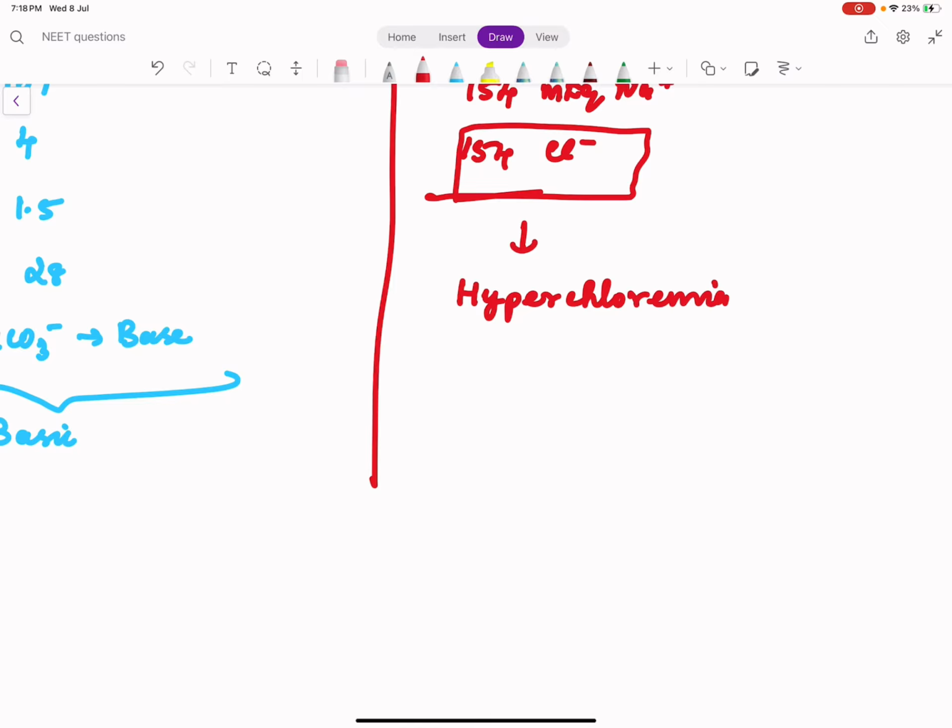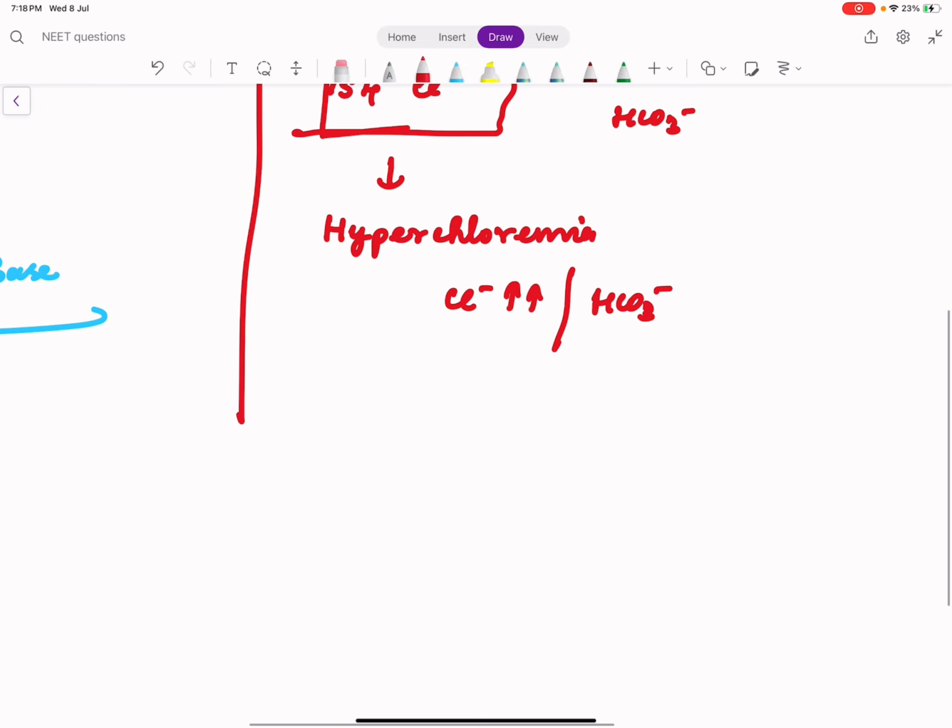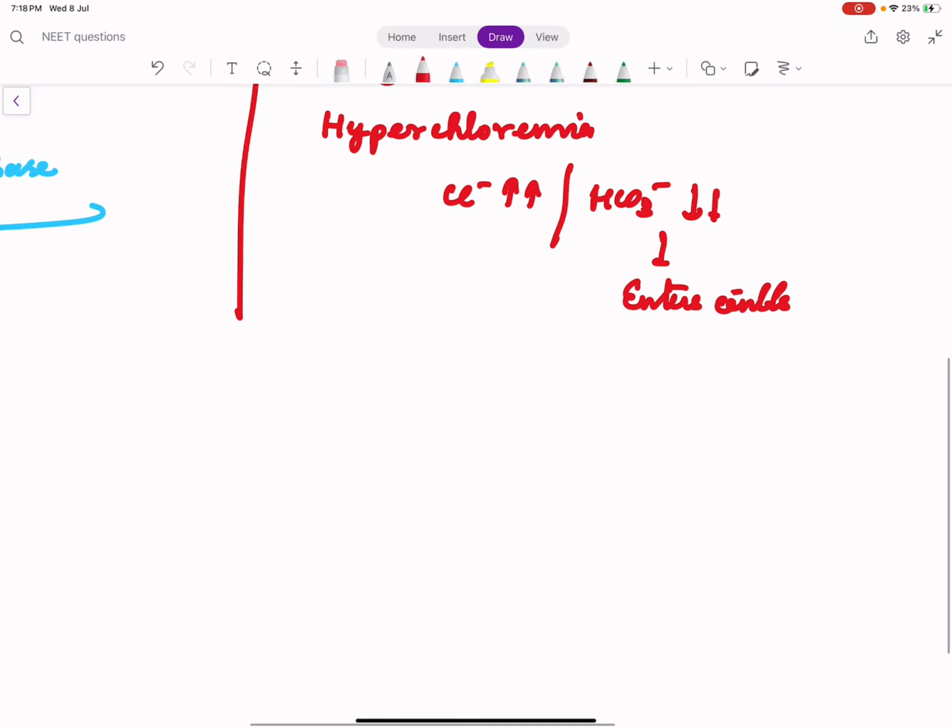Chloride and bicarbonate both are anions. So when one anion like chloride increases in the body, obviously the body will try to balance the electrolytes by reducing bicarbonate. So what does bicarbonate do? Bicarbonate enters cells. On giving a large amount of sodium chloride, with a high amount of chloride, to maintain osmotic balance, the excess bicarbonate enters cells. So what happens in the blood?